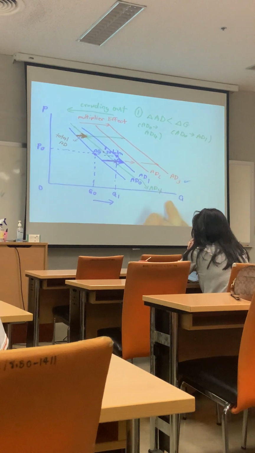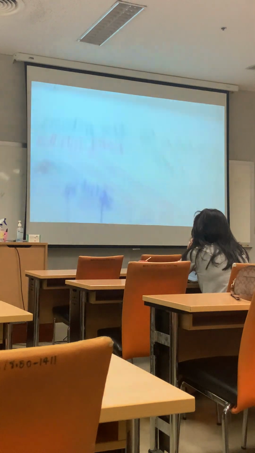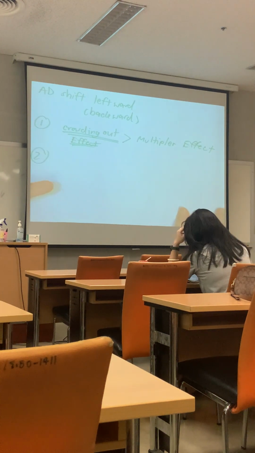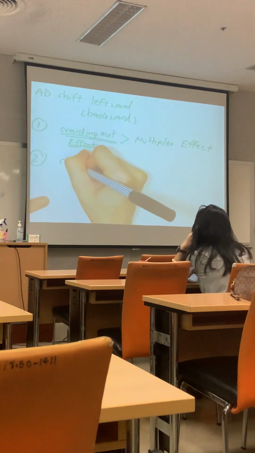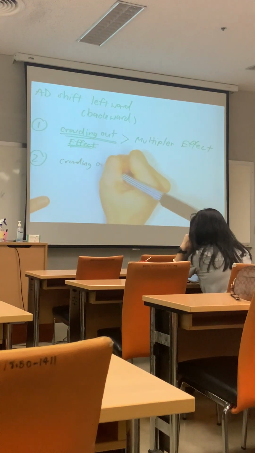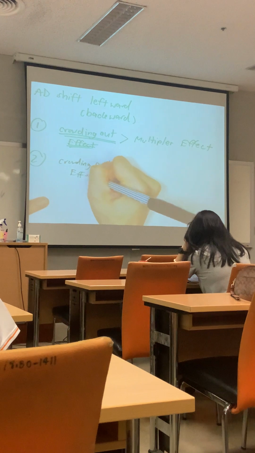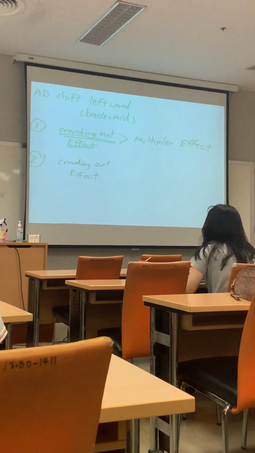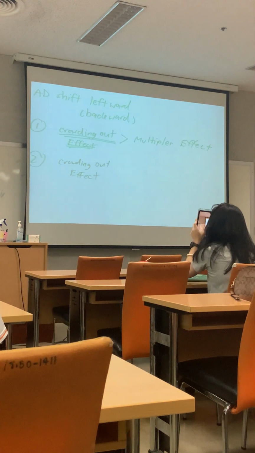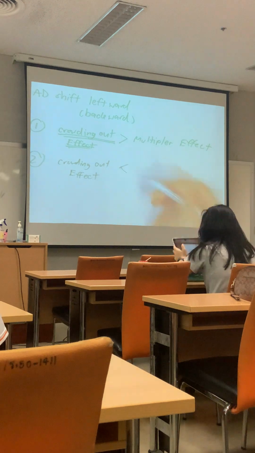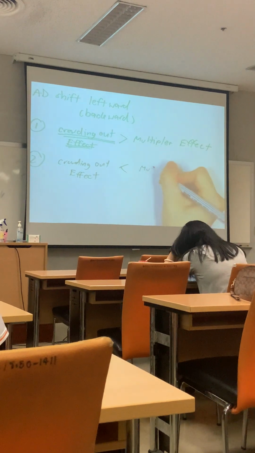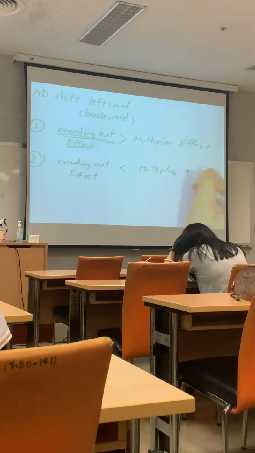Okay, now in the case that the crowding out happened as well, but the crowding out effect is less. It happened, but it happened only a little, less than the multiplier. The graph will shift in a different way.